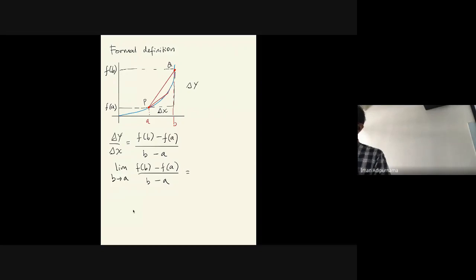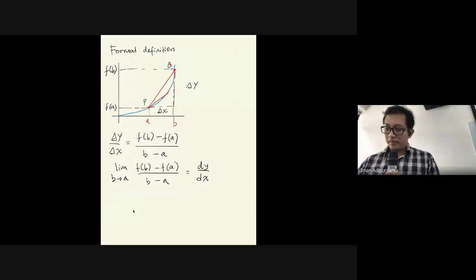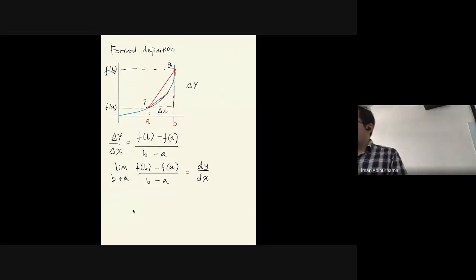Eventually, it will approaching the A. We can also say this is our dy over dx. Or if you want to use the h definitions, this is x plus h. Okay. We can also write the limit as h approaching 0. This is the same meaning, okay?